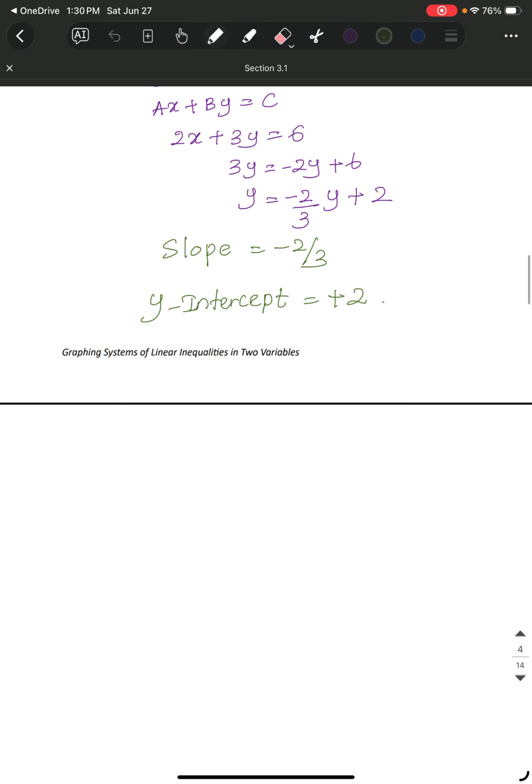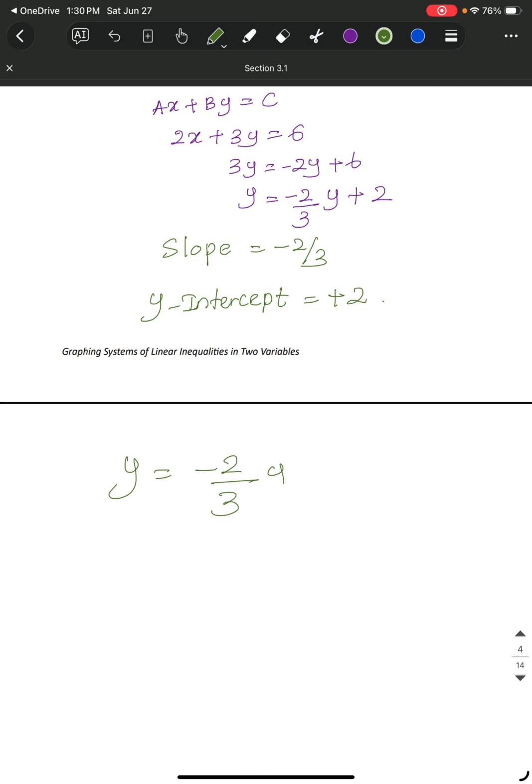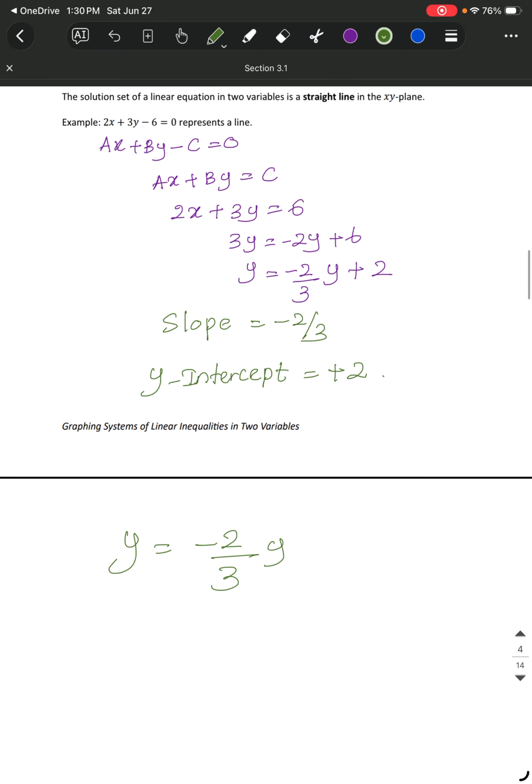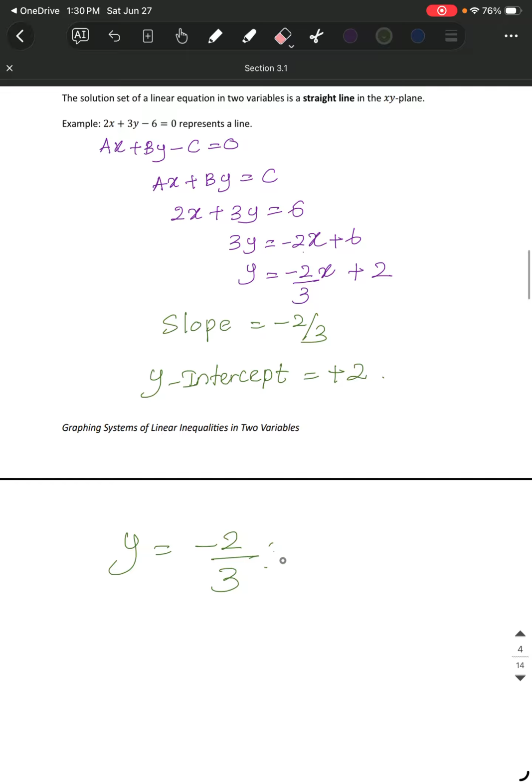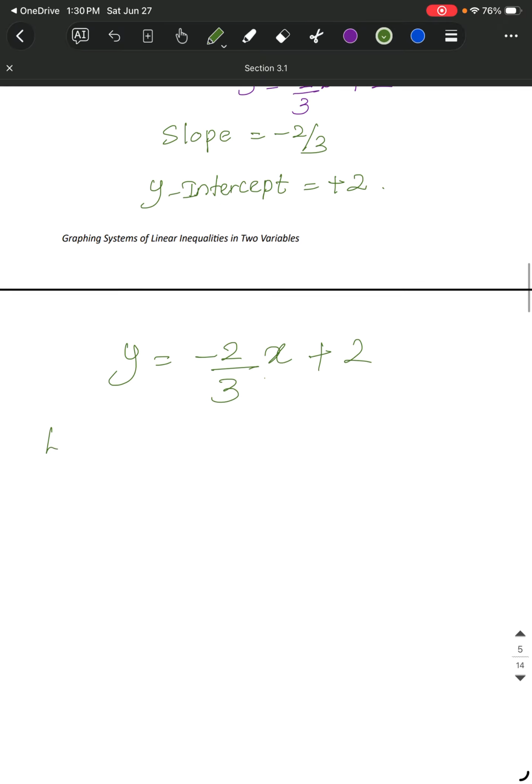Let's draw the line. Y equals negative 2 over 3 x plus 2.